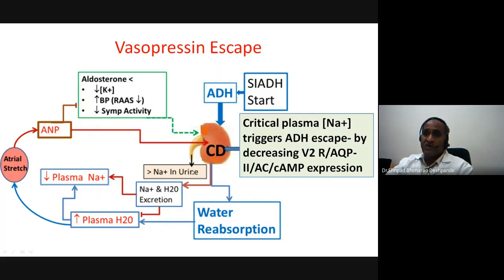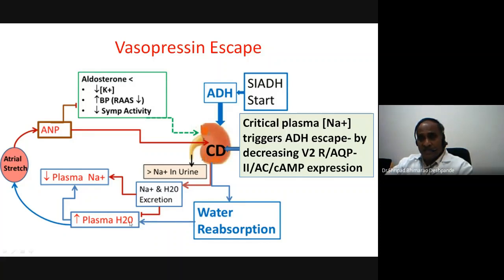That means sodium and water are excreted in the urine. So it takes away the sodium, and once the sodium is going out, along with the sodium, water goes out. So water excretion goes.